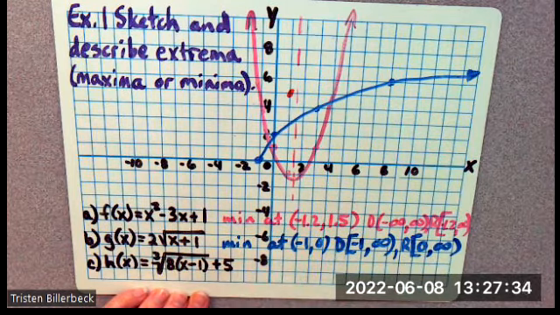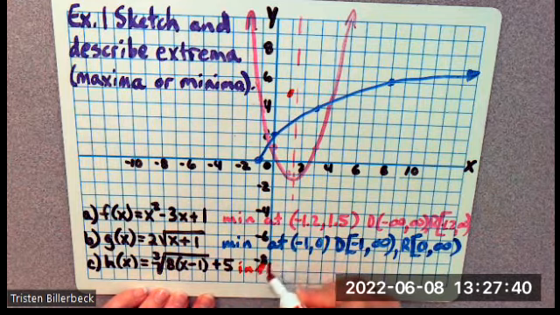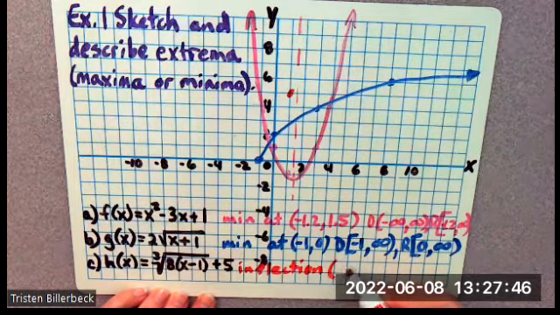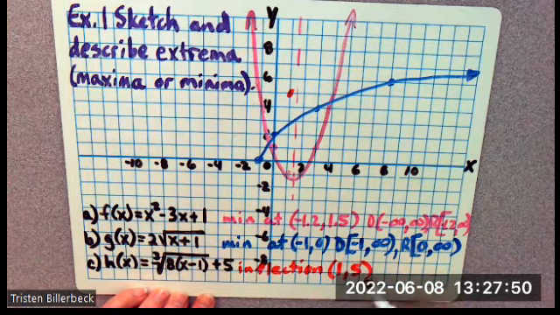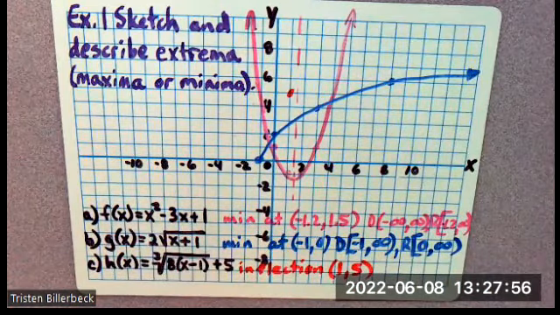It's not a maximum, it's not a minimum, it's an inflection point at 1, 5, because we don't have much going on.